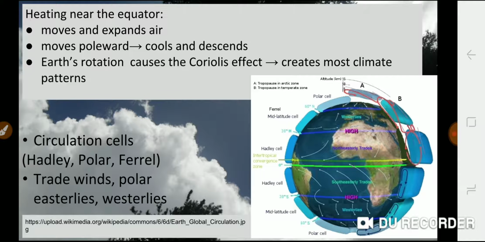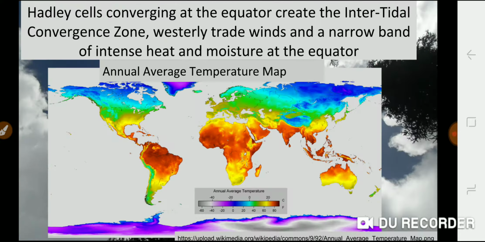So this creates most climate patterns. There are several circulation cells on the planet of this heated and cool air circulating. These blue bubbles around the edges of the Earth represent that passage of cool descending air and warm ascending air.